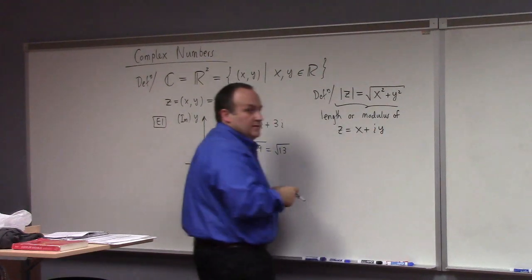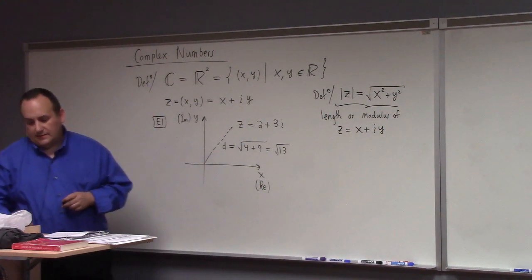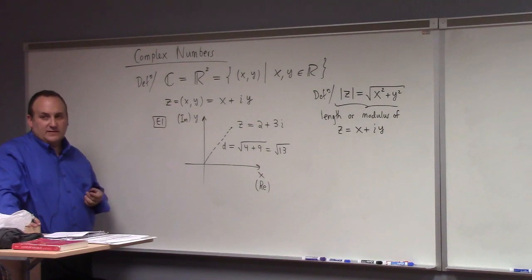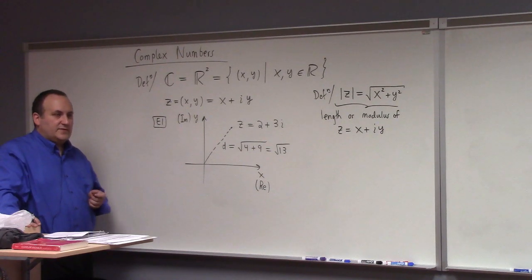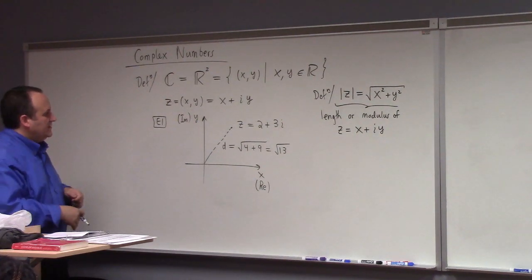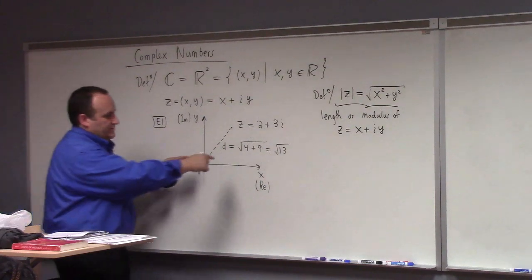Now, there is some danger for ambiguity here, so let's just make a convention that when we write z equals x plus iy, we're understanding that x and y are real numbers, okay? We would write complex equations using complex variables, and they might look like that. So that's the length. So there it is.